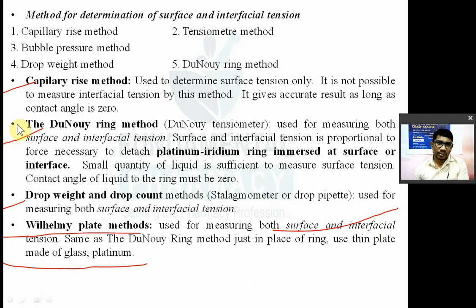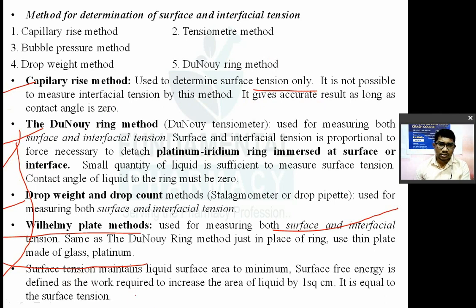So capillary rise method, Dunoy ring method, drop weight drop count method, and Wilhelmy plate method. Remember, only capillary rise method is applicable for measurement of surface tension only. बाकी सभी मेथड क्या है, surface as well as interfacial tension. You can measure surface as well as interfacial tension by using these methods.